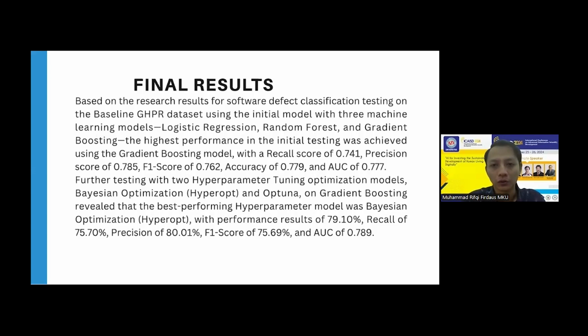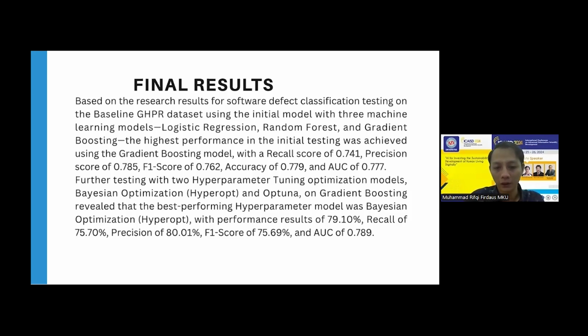So, based on the research result for software defect classification testing on the baseline GHPR dataset using the initial model with 3 machine learning models, logistic regression, random forest, and gradient boosting, the highest performance in the initial testing was achieved using the gradient boosting model with a recall score of 0.74, precision score of 0.78, F1 score of 0.76, accuracy score of 0.77, and AUC of 0.77.